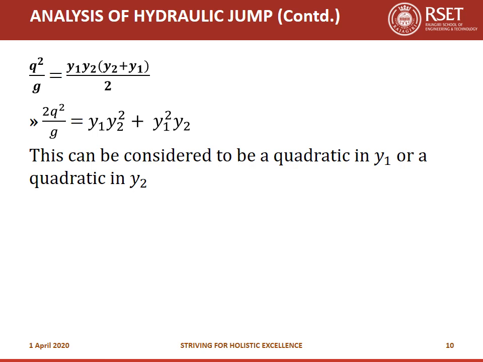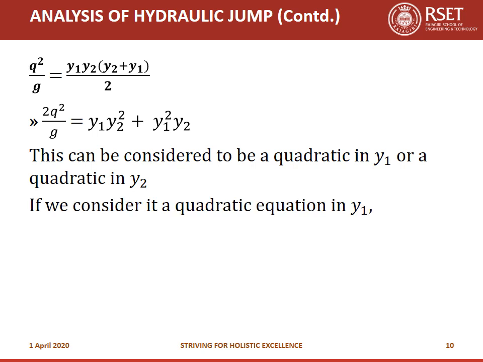If I'm considering it as a quadratic in y1, I can write the above equation as y2 into y1 squared plus y2 squared into y1 minus 2Q squared by g equal to 0. Quadratic in y1 means y1 is the unknown and all the other remaining terms are the coefficients, so I can write it in the form ax squared plus bx plus c. That is what I've written.